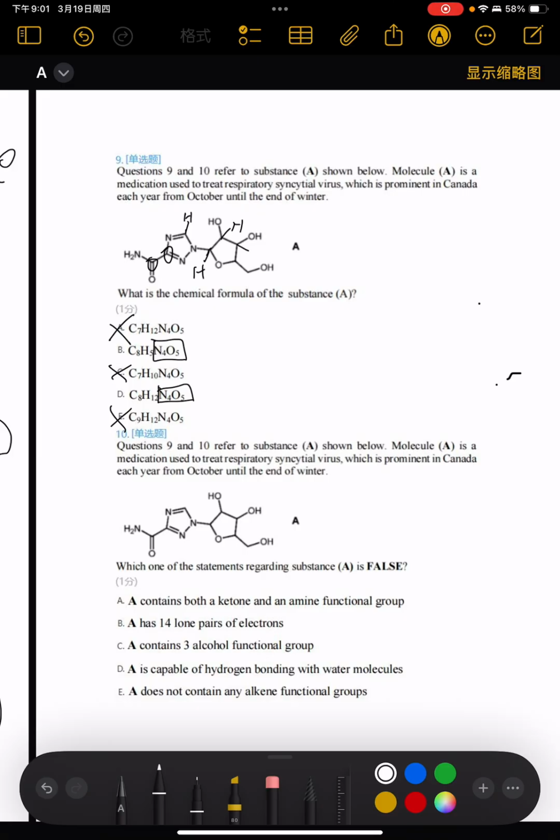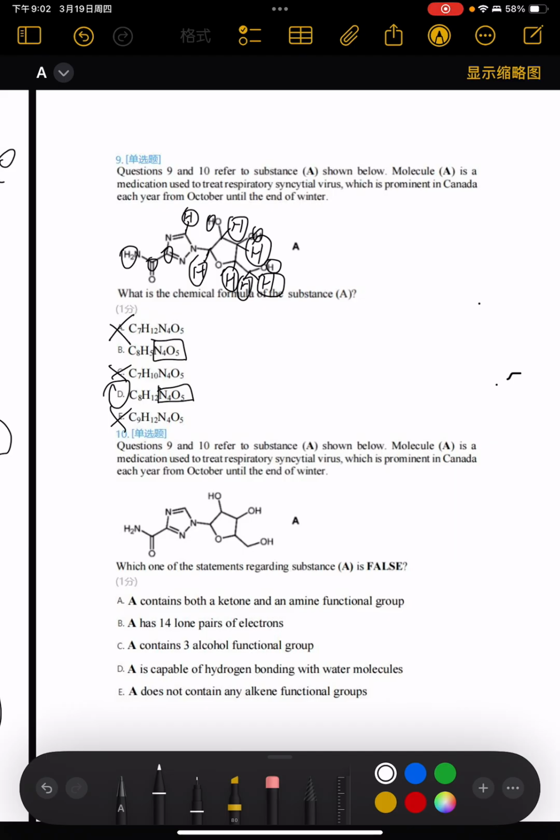Another H, H, H, and there's 2 here. So we count this up. There's 1, 2, 3, 4, 5, 6, 7, 8, 9, 10, 11, and 12. So this brings us to 12 hydrogens.